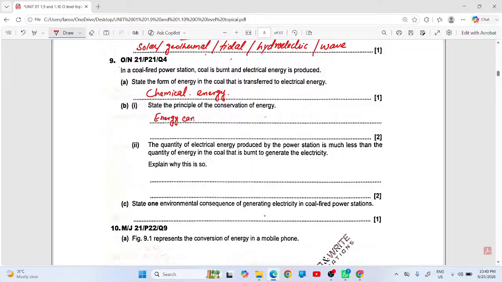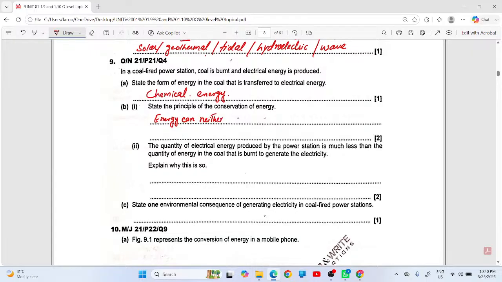Energy can neither be created nor destroyed.